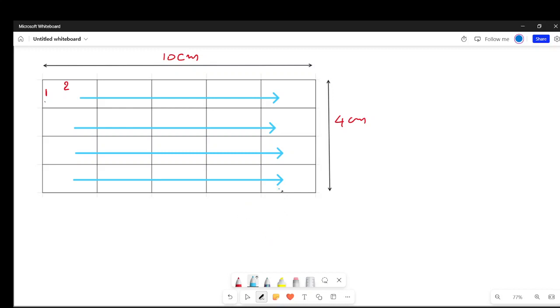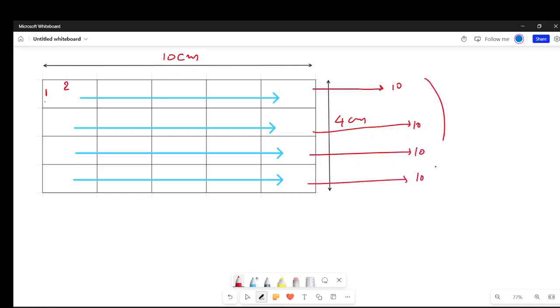Then you will get tens. How many tens? This is 10. This is 10. This is 10, and calculate it.